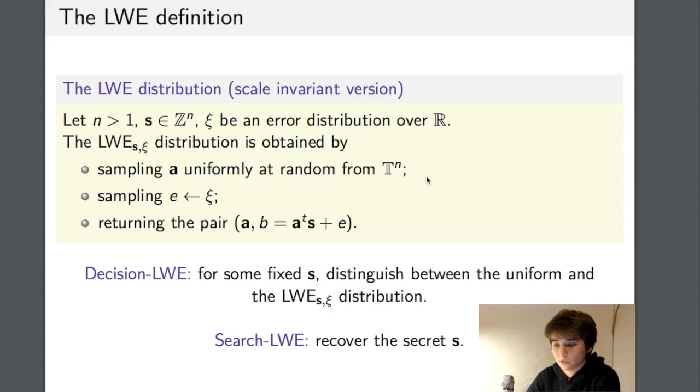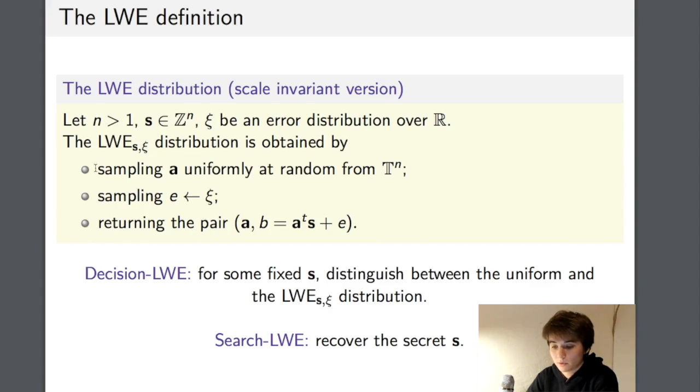We denote the real numbers modulo 1 as T throughout the presentation. Let S be a fixed integer vector and let χ be some Gaussian-like distribution over the real numbers centered at 0. Then a sample from the LWE distribution corresponding to the secret S and the error distribution χ can be obtained in the following way.